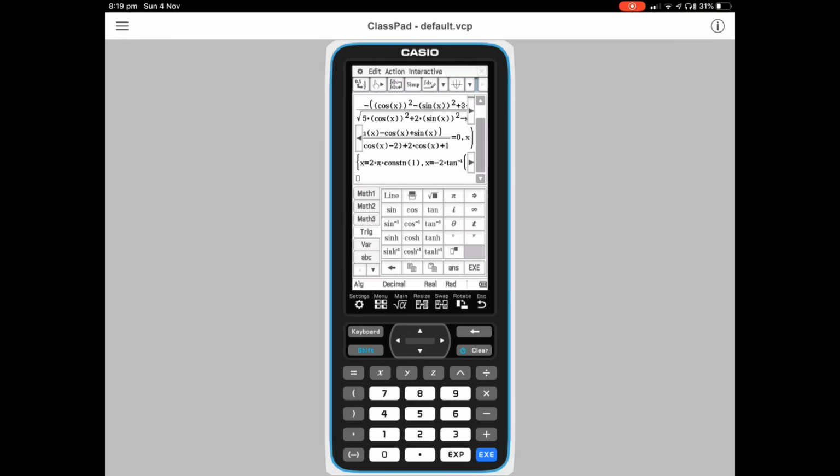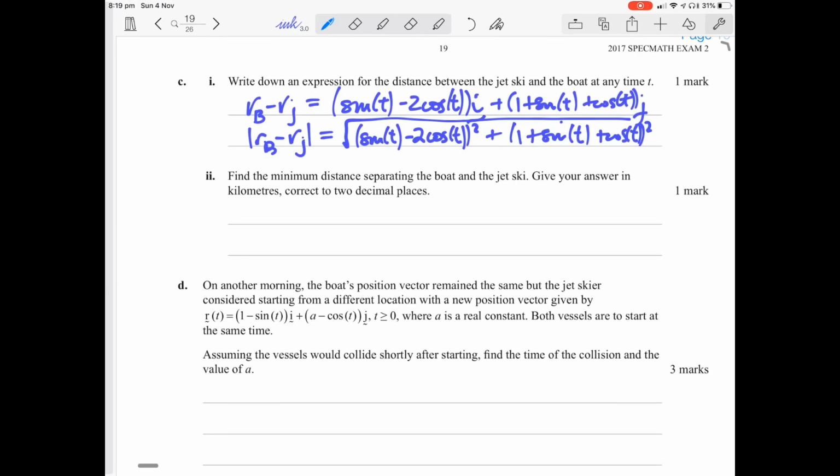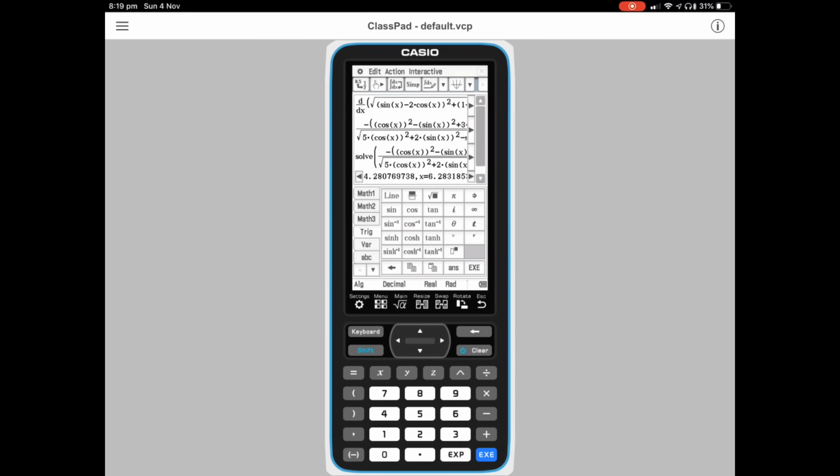Let's go. Why am I getting a general rule? Have I stuffed something up? Sine t minus 2 cos t all squared, 1 plus sine t plus cos t. Select all, edit, copy, edit, paste.